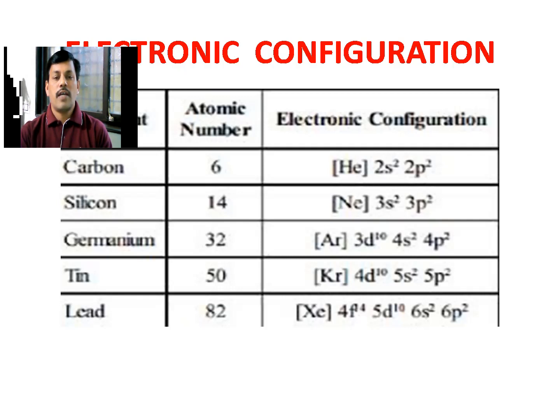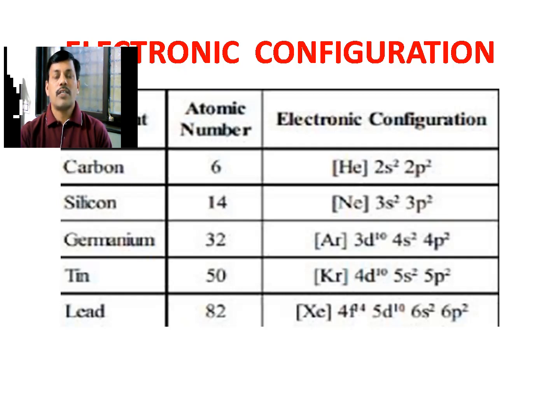As far as the octet rule is concerned, if the valence shell obtains the ns2 np6 electron configuration, then that element follows the octet rule. Now carbon needs 4 electrons to reach the noble gas configuration.